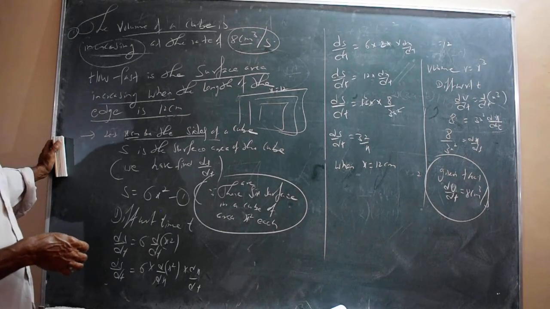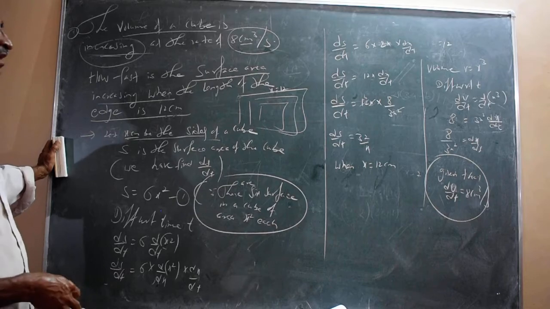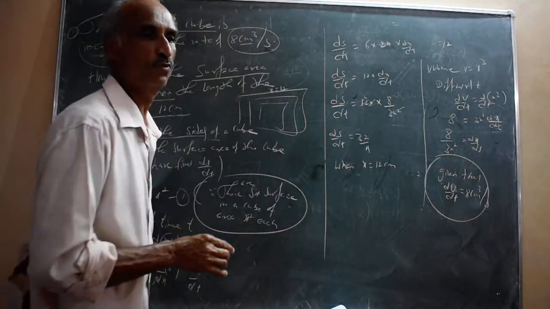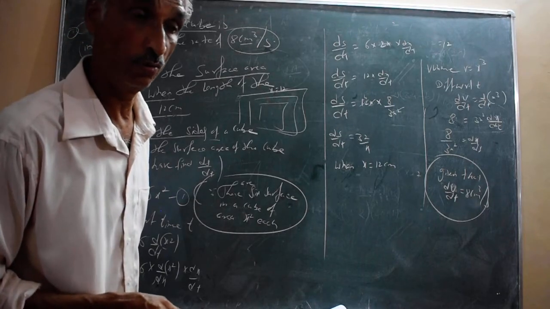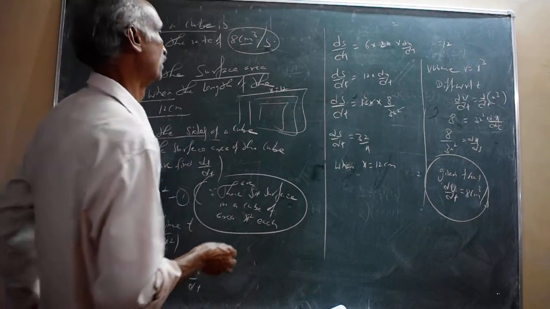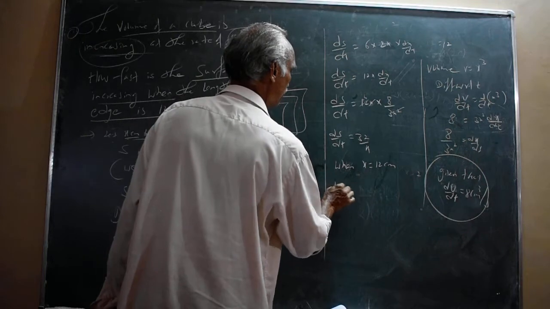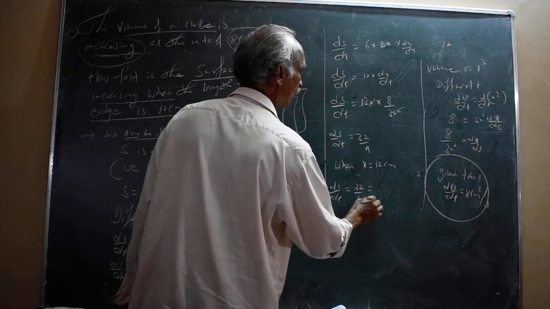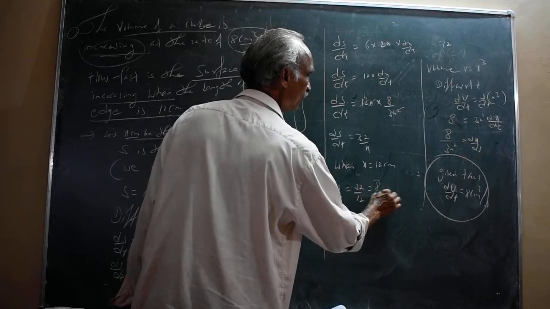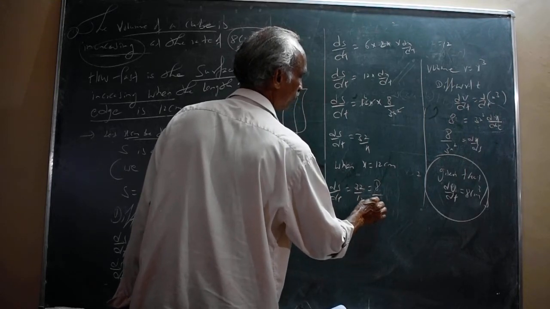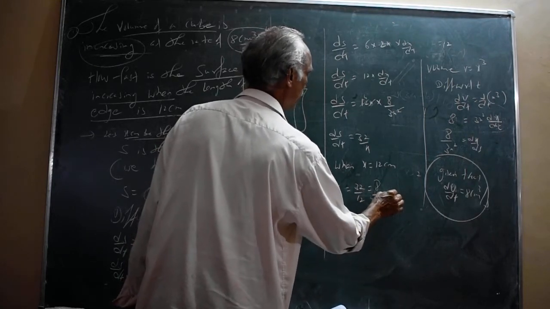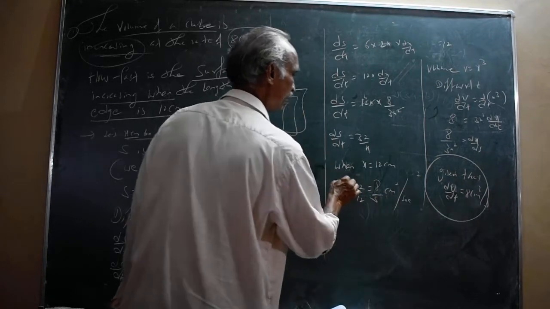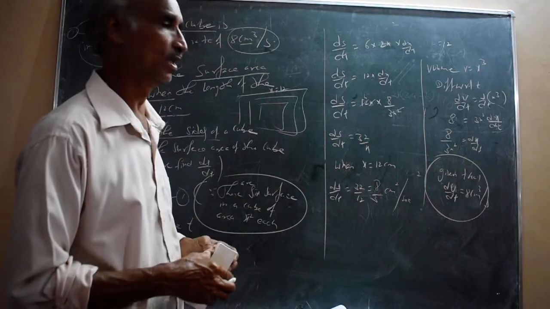How fast the area is changing means we should not work out area A, we should work out dA by dt. Therefore, dS by dt is equal to 32 upon 12, which is 8 by 3. The unit is centimeter square per second, since the surface area is two dimensional.